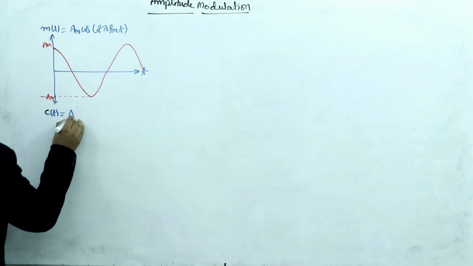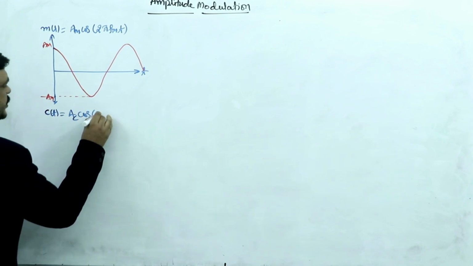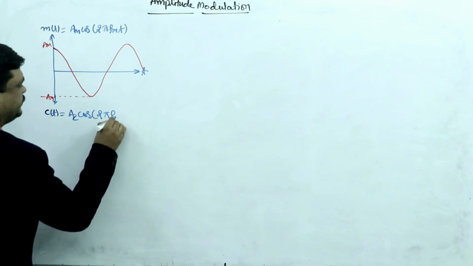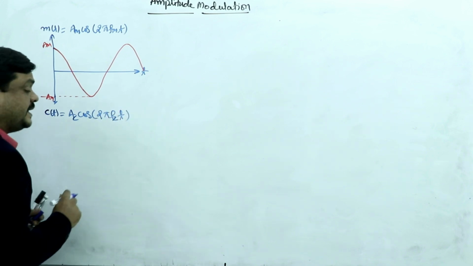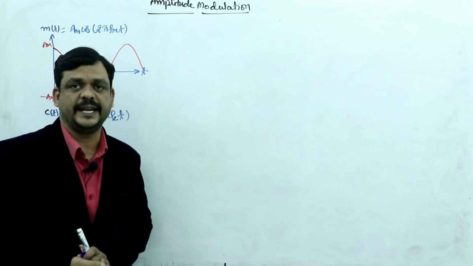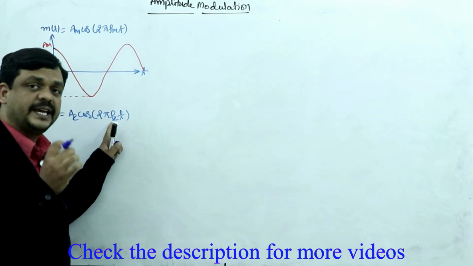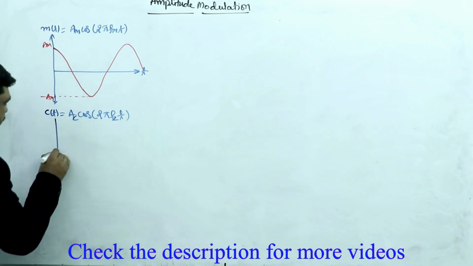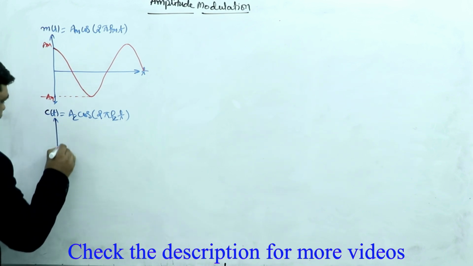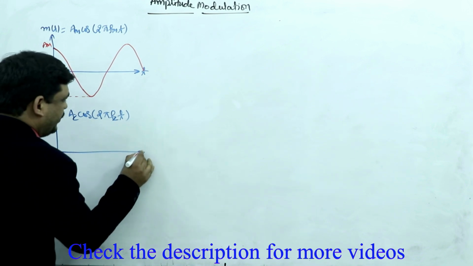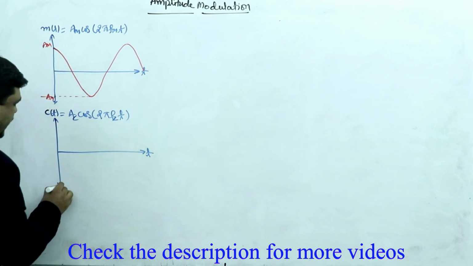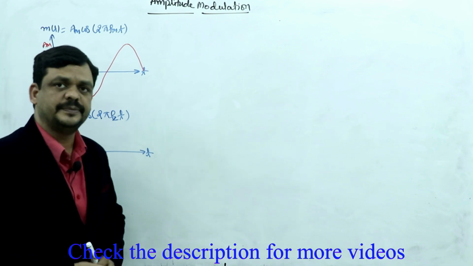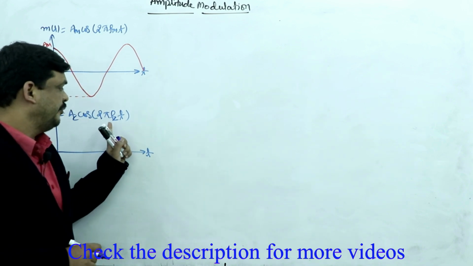The carrier signal c of t is Ac cos of 2 pi fc t. Now in this, Ac is the maximum amplitude of the carrier signal and fc is the carrier signal frequency. So that's why here I am drawing the graphical representation of the carrier signal like this. And one more important point is, the carrier signal is a very high frequency signal.